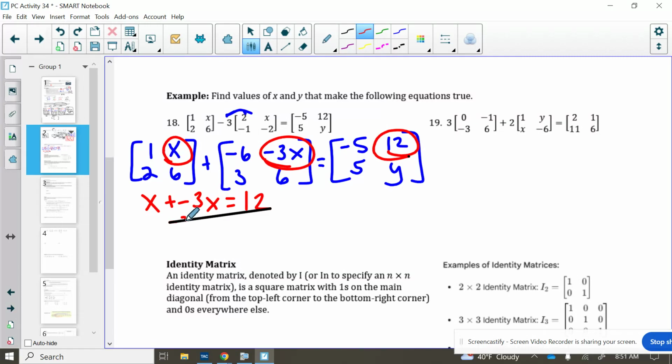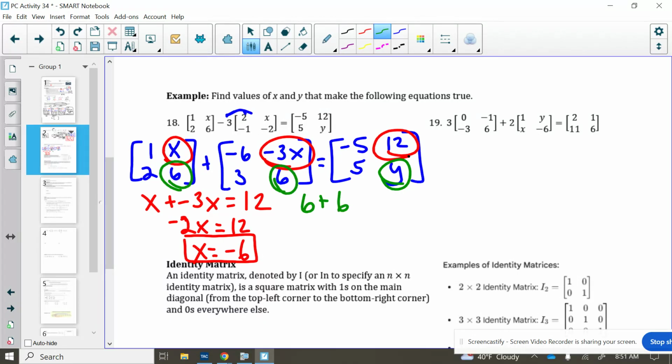So if we combine like terms, x minus 3x is negative 2x, divide by the negative 2, negative 6 becomes our answer. And then to solve for our value of y, we're going to take the corresponding entries. So in this case, 6 plus 6 equals y. 6 plus 6 is 12, so that ends up being our y value.